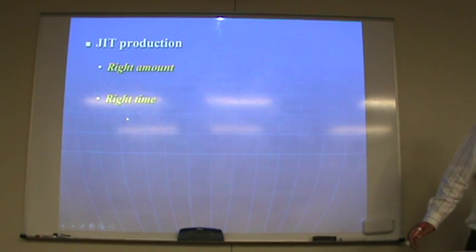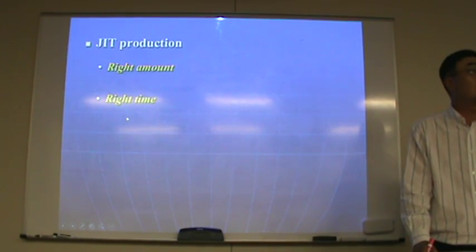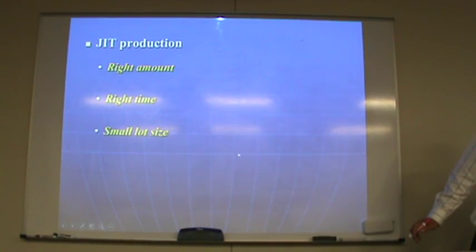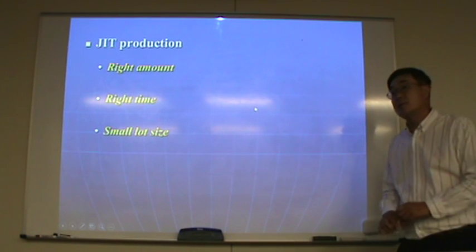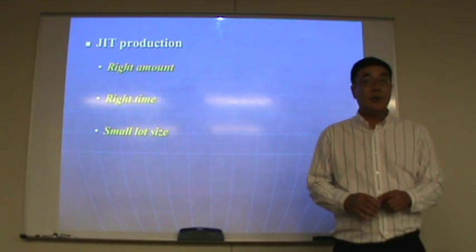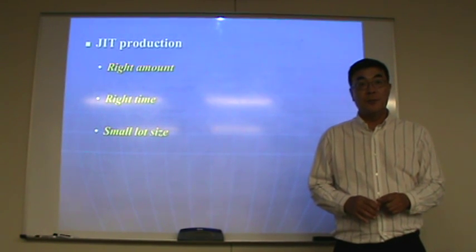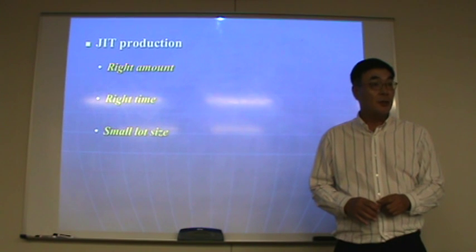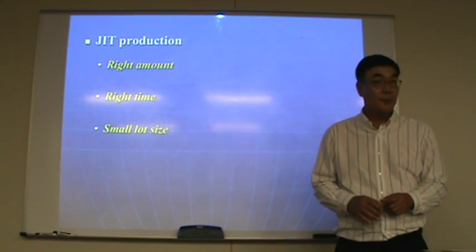If we receive something at the right time, we don't need to wait, right? And then smaller size. If we need 100, but we receive 1,000, we need inventory, right?